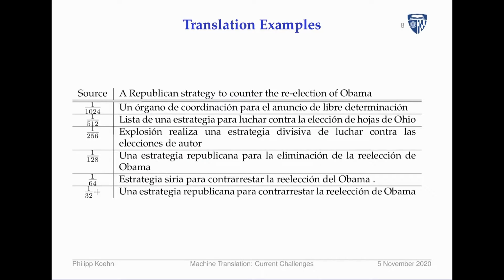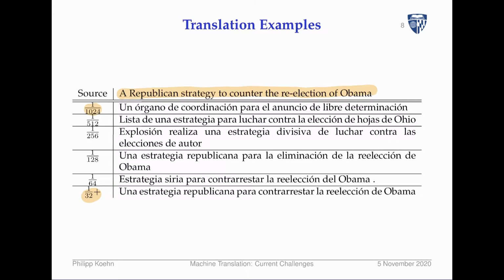Here are some examples of machine translation output of this English to Spanish system at different amounts of training data. These basically correspond to the systems in the previous slide. This is the lowest resource system, where a 1,000th of the training data is being used, while this is the output of the system where all the training data is used. Here's the sentence: a Republican strategy to counter the re-election of Obama.